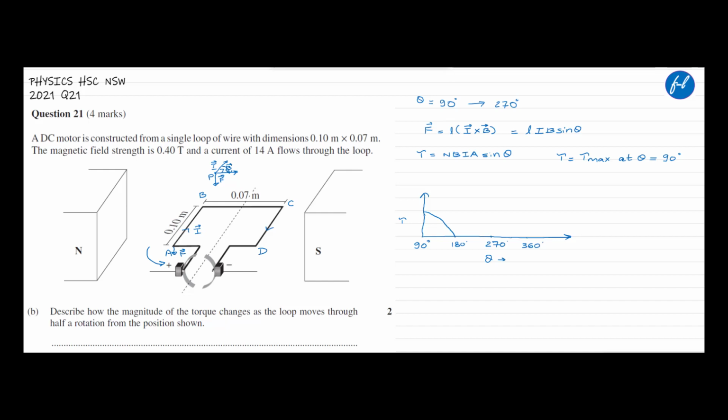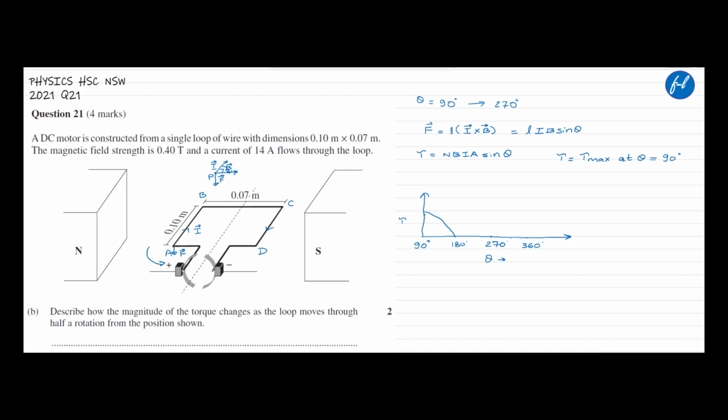At theta equal to 180, sine 180 is 0, and therefore the torque will be 0. Going forward, we know how the sine curve moves, and therefore sine at theta equal to 270 will be equal to minus 1.